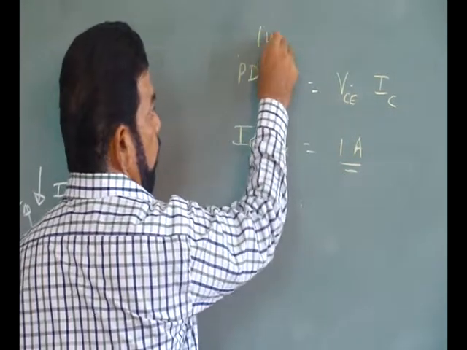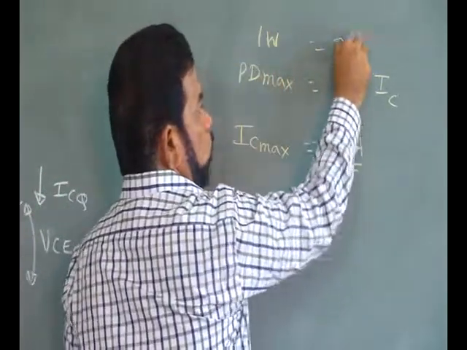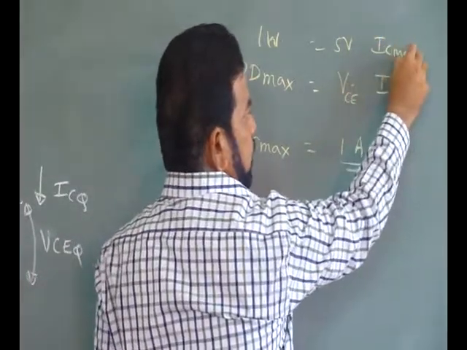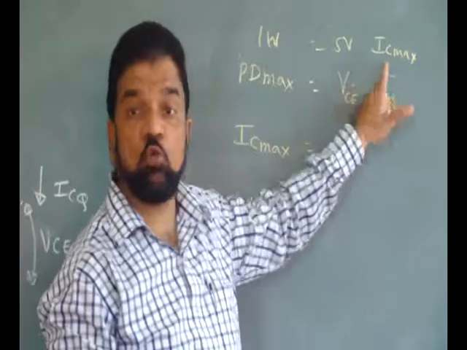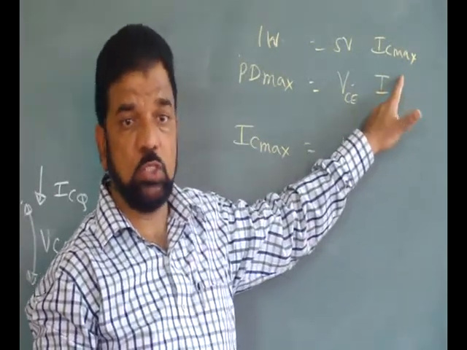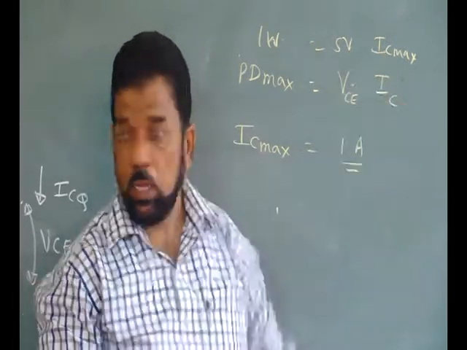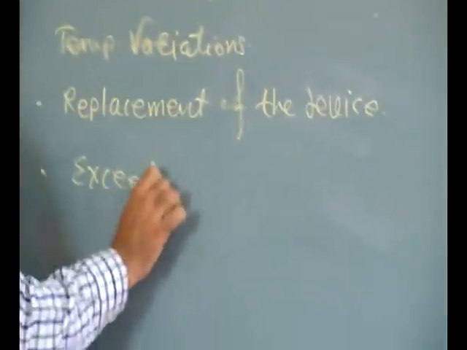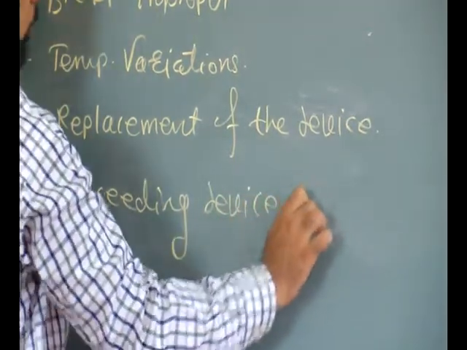If you have 1 watt and the voltage is, say, 5 volt, then whatever IC you calculate is IC max. Beyond this, if you try, your junction gets damaged. So another cause is exceeding the device specifications or ratings.